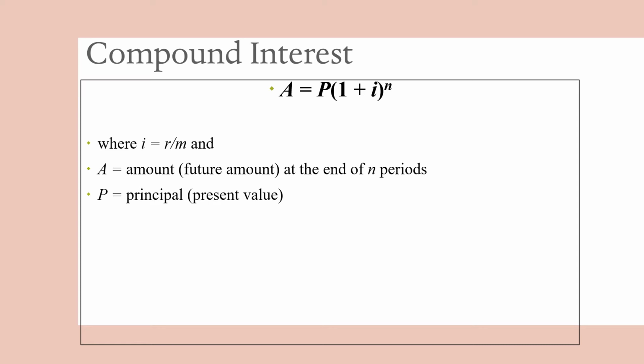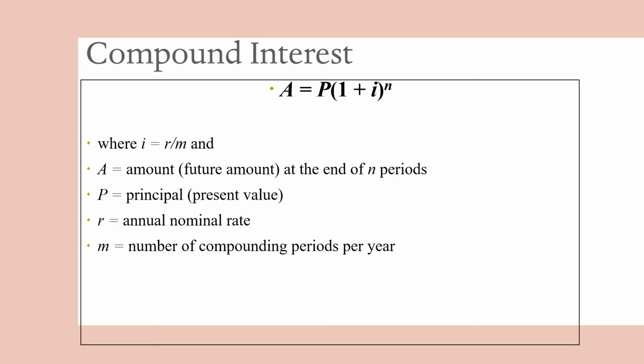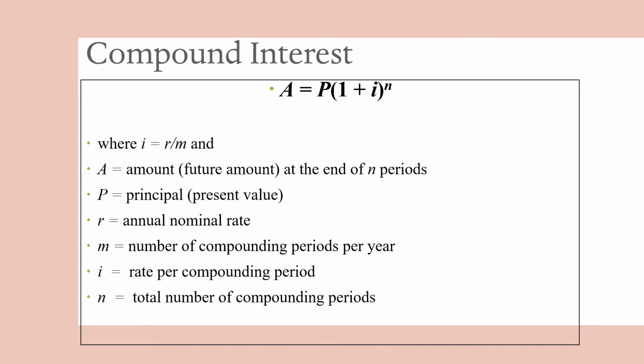A is the amount, P is the principal, R is the rate, m is the number of compounding periods per year, and i is the rate per compounding period. So n will be the multiplication of m, the number of periods, and the number of years.